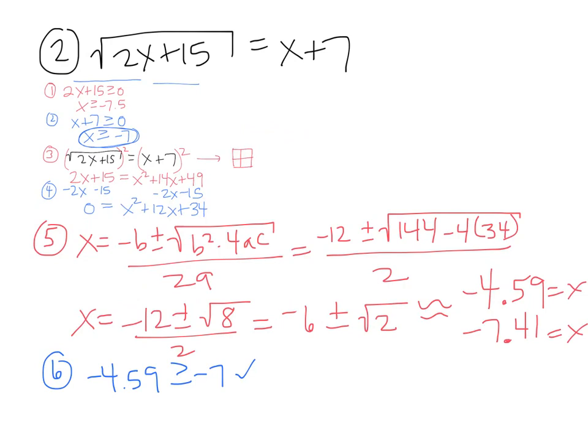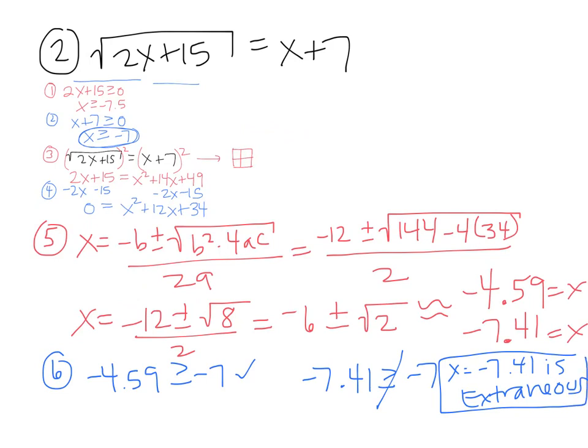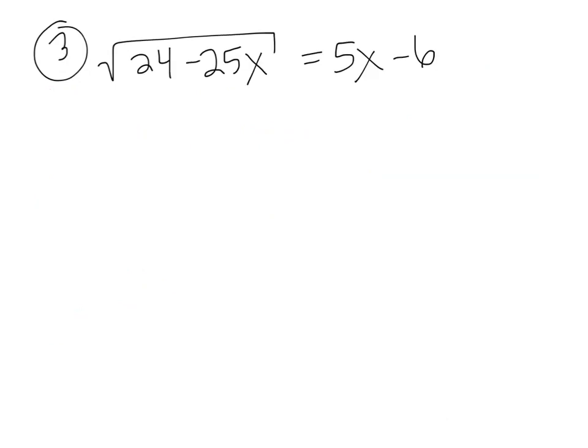For x equals negative 7.41, we'll check: is negative 7.41 greater than or equal to negative 7? No, it's not. So x equals negative 7.41 is extraneous. And you'll see on the graph, if you were to graph both of them, that you will only have one intersection point.